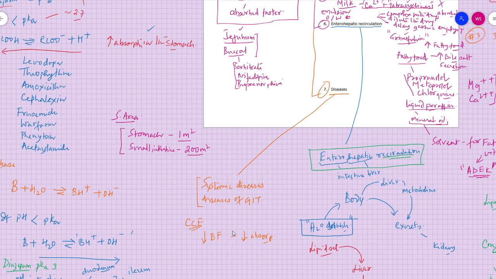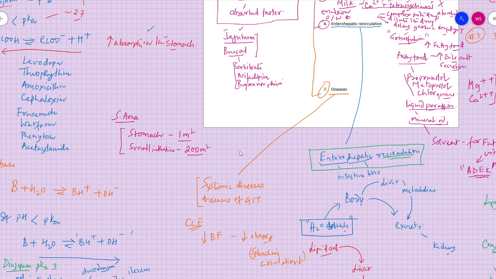We also need to remember that in the jejunum and GIT, the splanchnic circulation decreases.